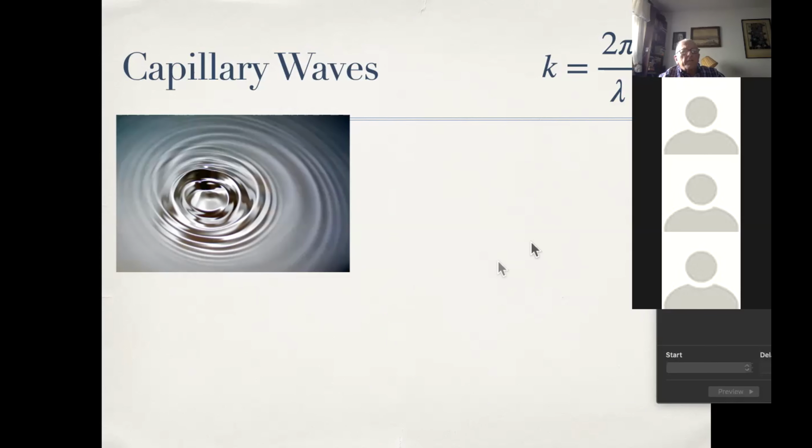A wave has a wavelength, the distance between 2 consecutive crests of the wave, usually denoted by the Greek letter lambda. There is another number which physicists call the wave number, k, which is just 2 pi over lambda. If lambda is measured in meters, then k is measured in inverse meters.